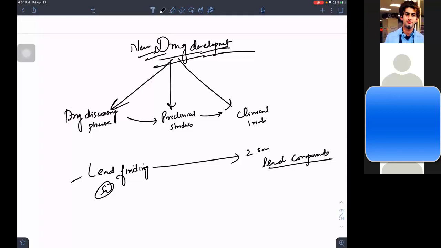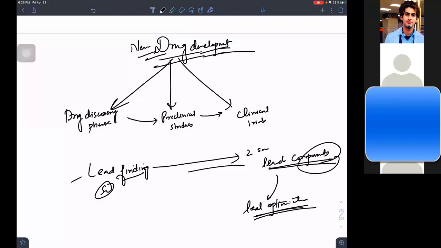After I investigated more, I am going towards lead optimization. You say lead, lead, I don't know, but lead optimization, you can understand that lead finding, lead compounds actually, and lead optimization.